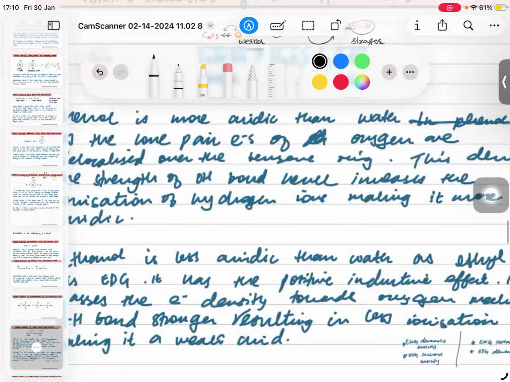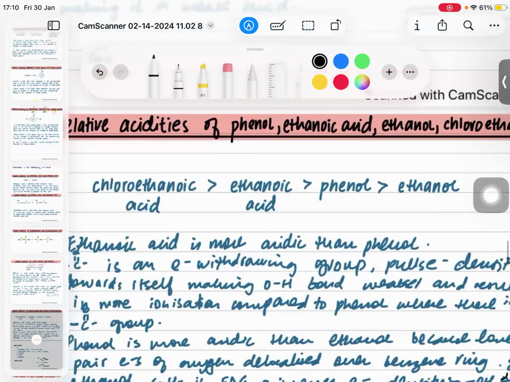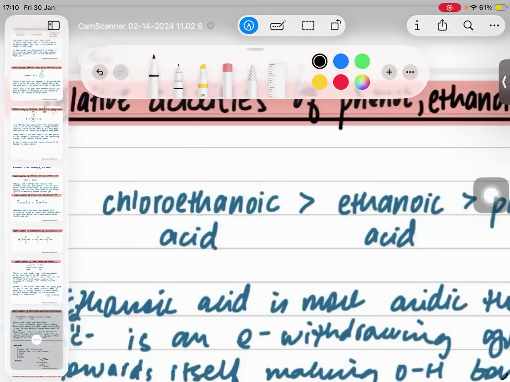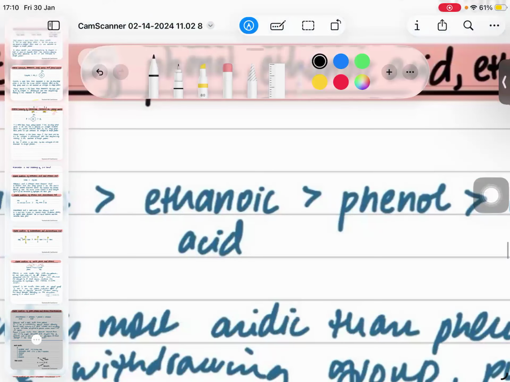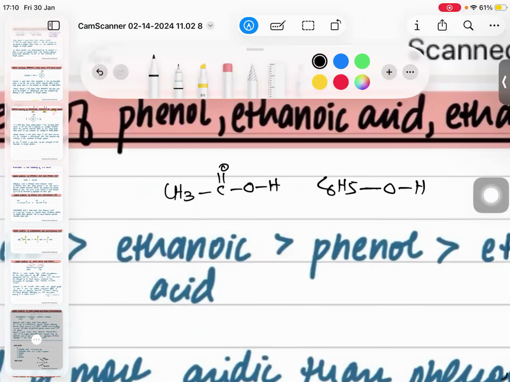Now, similarly, look at this. If I ask you to compare, look, ethanoic, please pay attention. This is ethanoic acid and this is phenol. Here is the catch. Here is the OH and here is the OH.